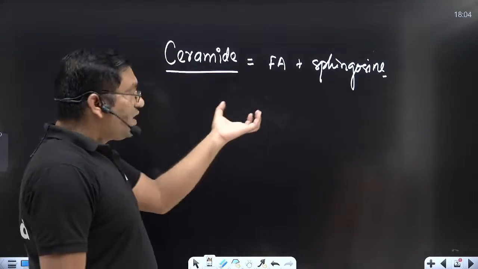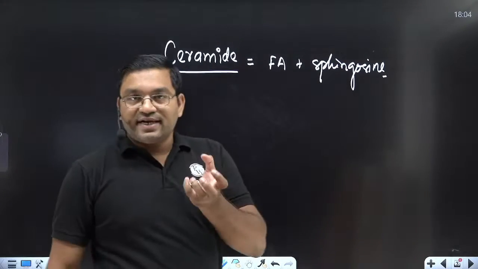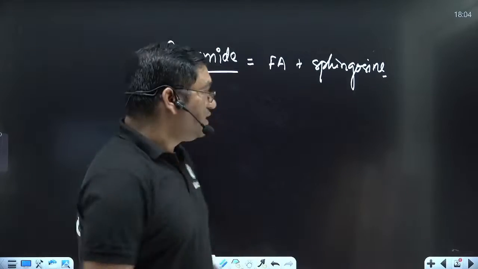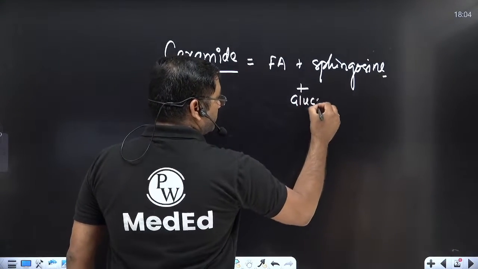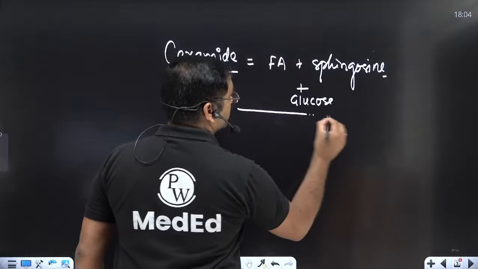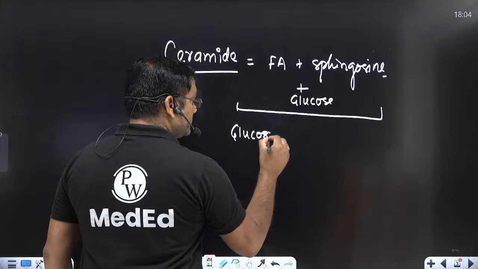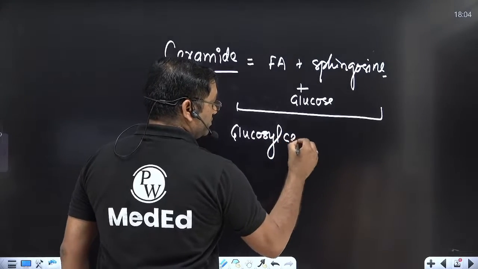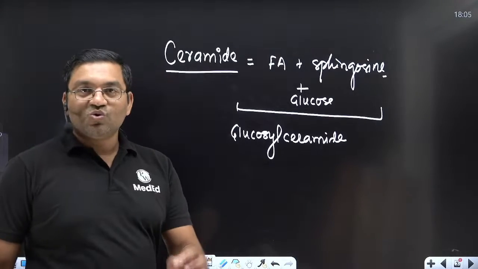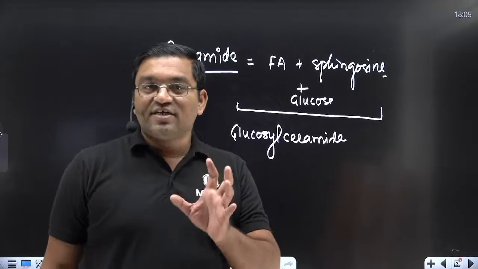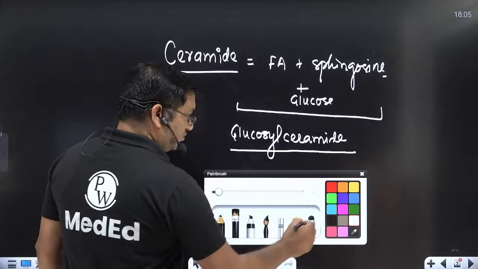When you add glucose to it, it becomes glucosyl ceramide. Another name is glucocerebroside.